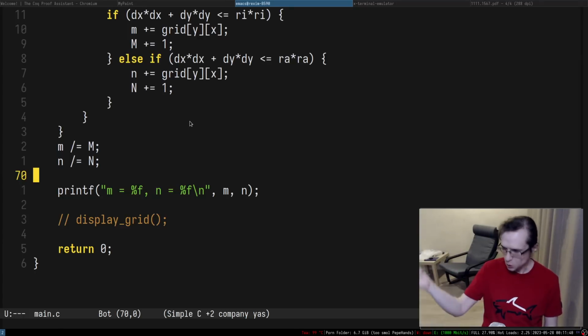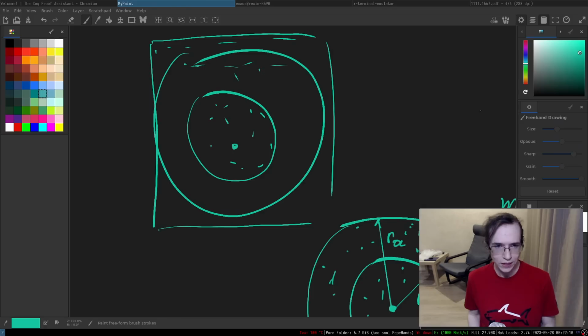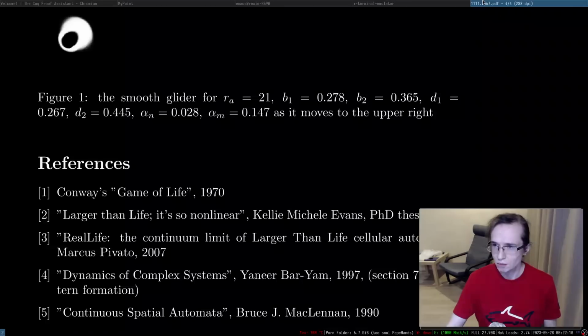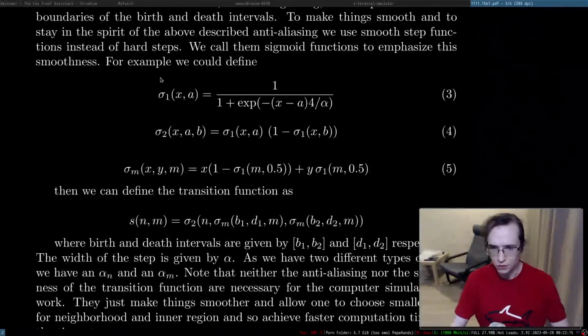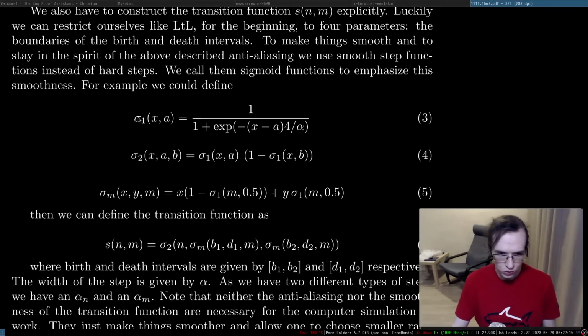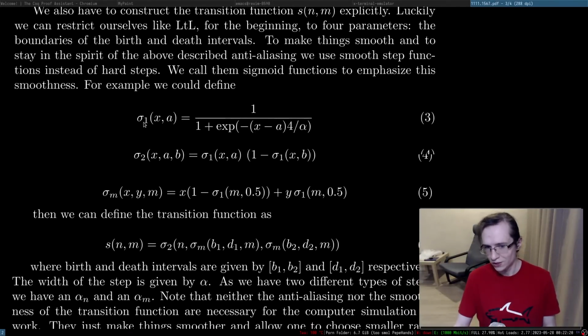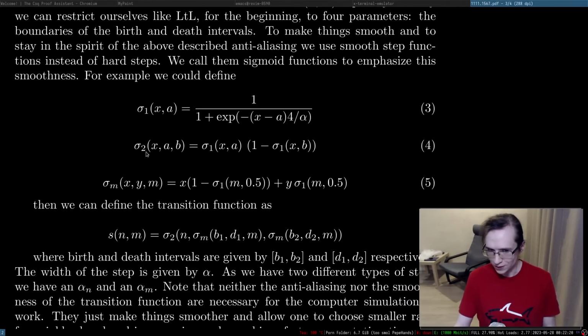So let's go ahead and try to implement that monstrosity of a function. Right, so where is my sigmoid? This is the first sigmoid. We have sigma 1 and sigma 2, and sigma 2 is defined in terms of sigma 1.